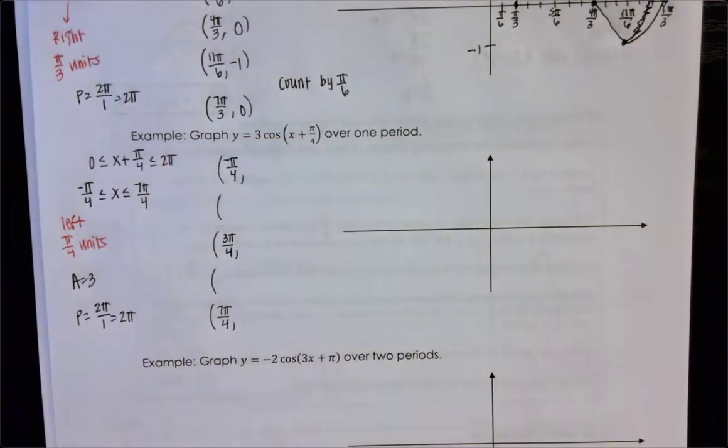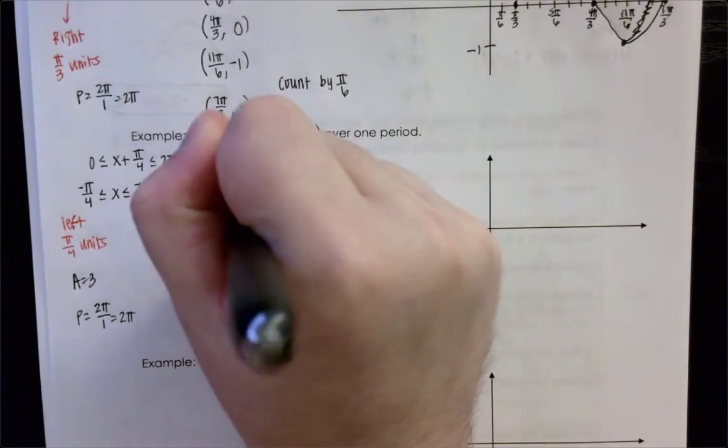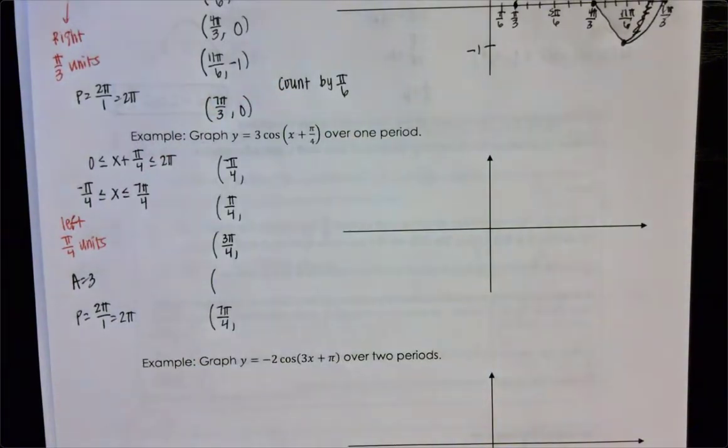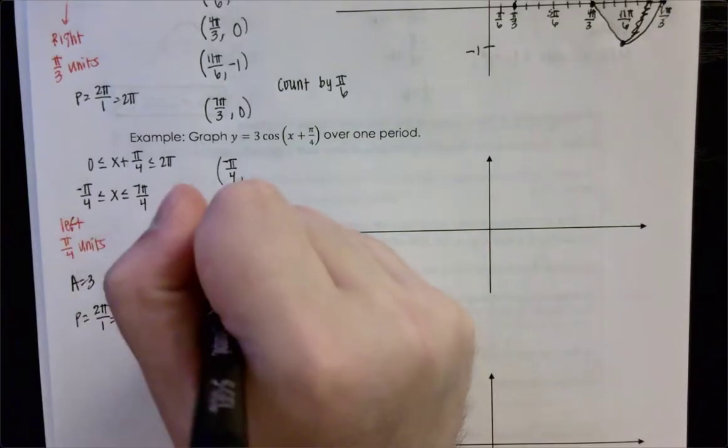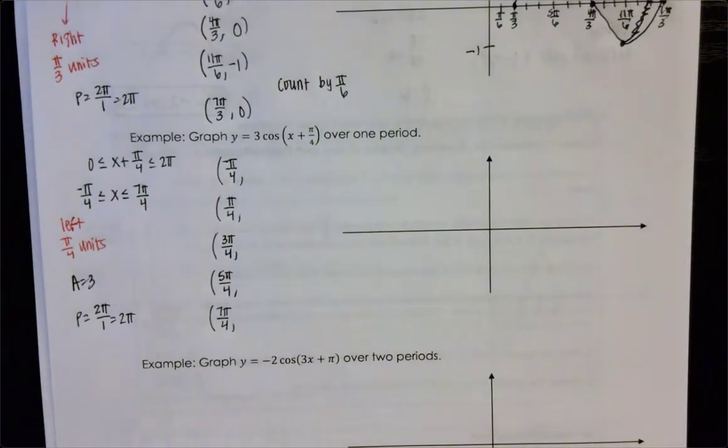Halfway in between is 3 pi over 4. We'll have pi over 4 and 5 pi over 4.